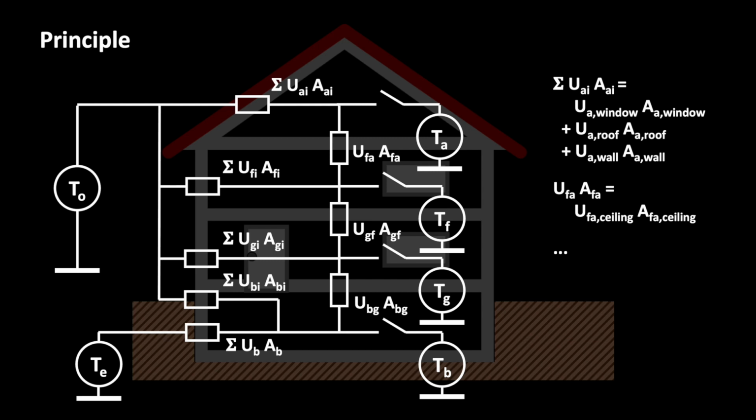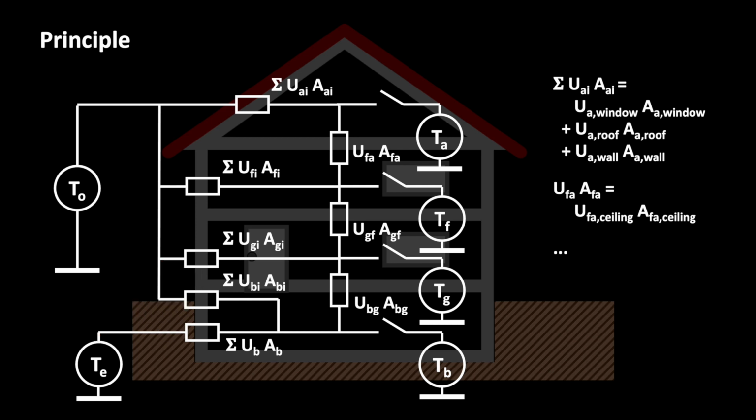The network you see here is an equivalent circuit for the thermal energy flows. The circles are sources that have known temperatures. On the left we have the outside temperature TO and the Earth temperature TE.